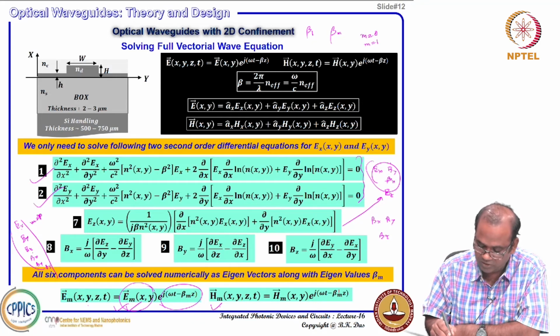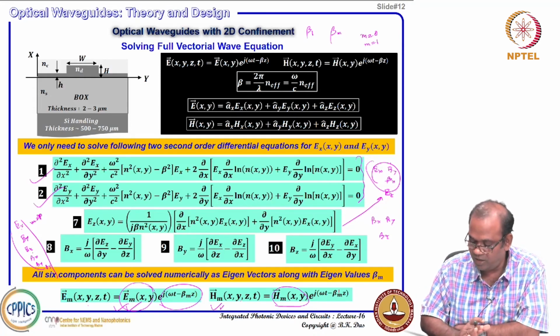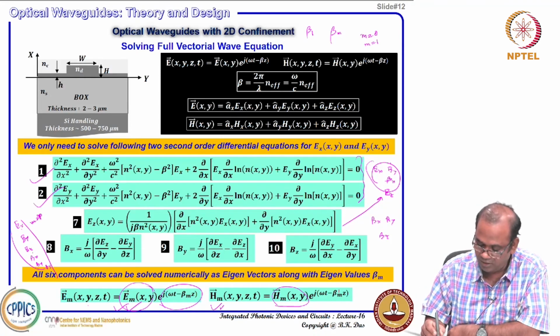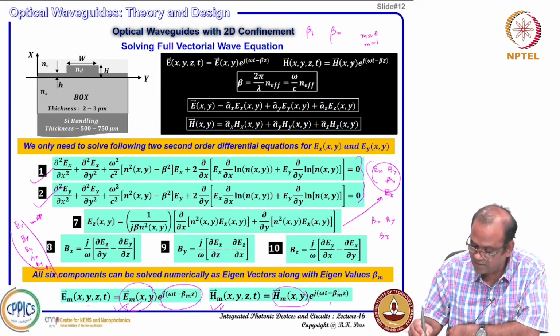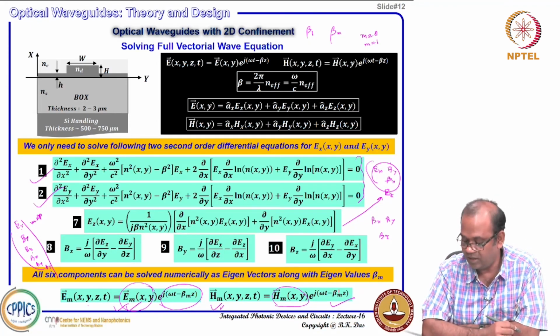Similarly, for the magnetic field associated with the mth mode, you can have a field distribution in the xy plane, x component, y component, z component. Each of them can have a different value, but their identity is the omega t minus beta m z.